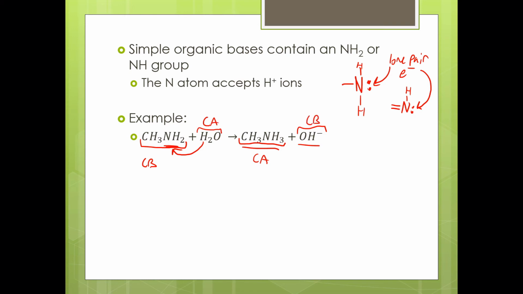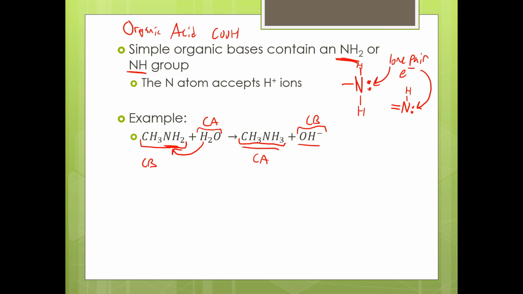Okay. There we go. There are more complicated organic bases and organic acids. So these two examples are organic acids ending in COOH and organic bases ending in NH2 or NH. So these are simple organic acids and simple organic bases.